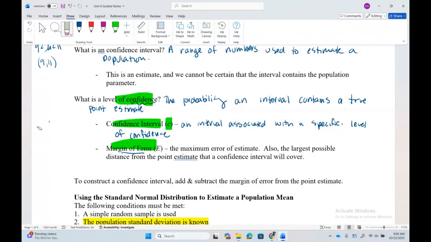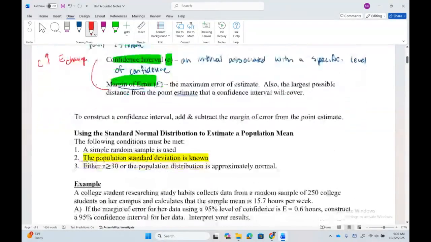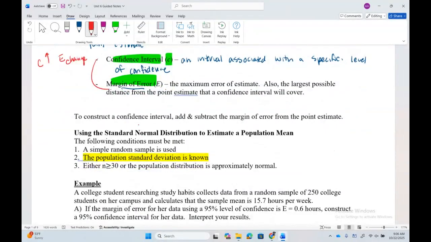As our level of confidence C increases, the margin of error will also change with that, and we'll see that in a problem below. So these two things are related together. To construct a confidence interval, we're going to add and subtract the margin of error from the point estimate.